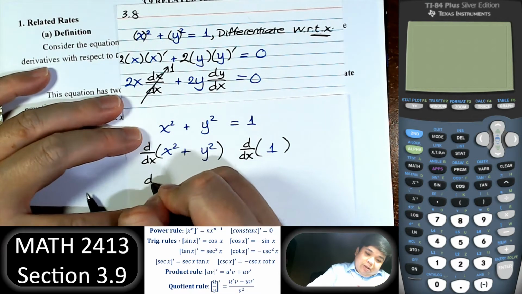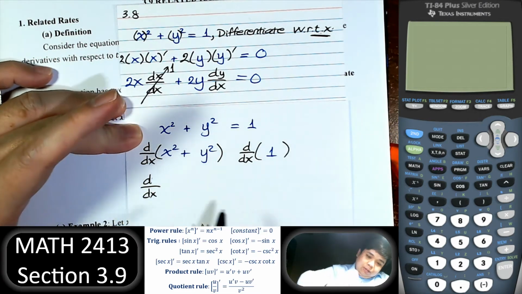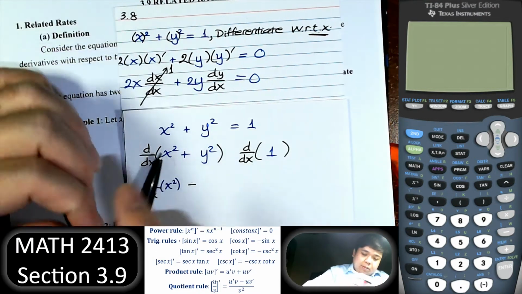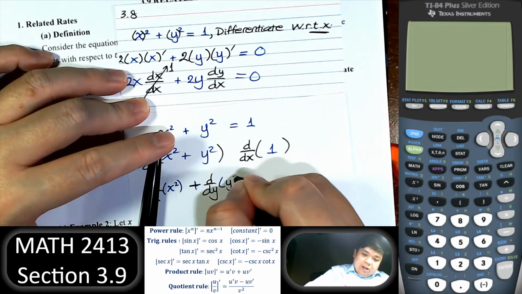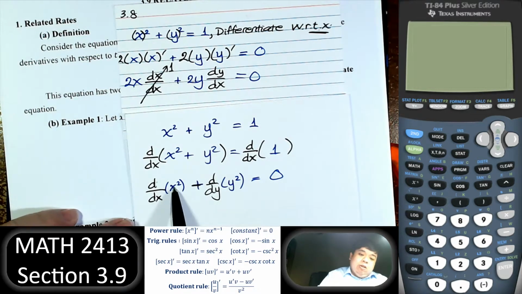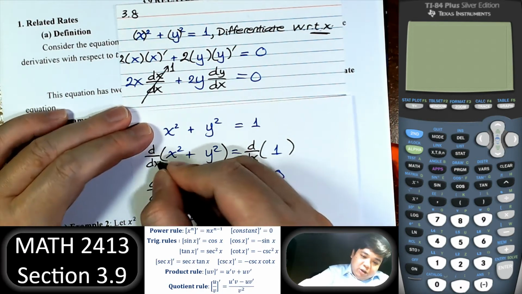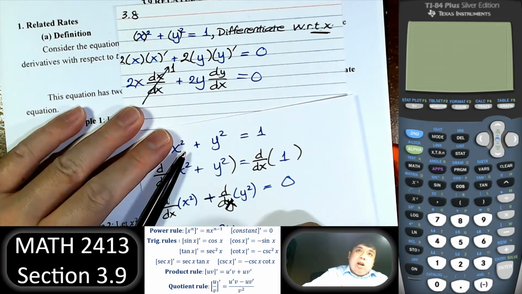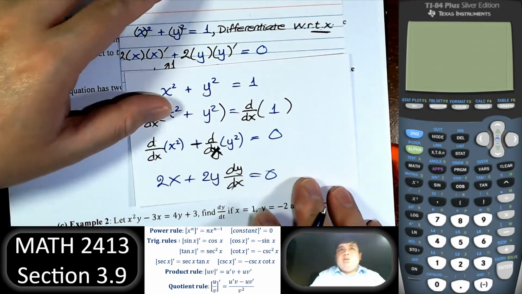So we have the derivative of x squared plus the derivative of y squared, and the right hand side is still constant. The derivative of x squared with respect to x is 2x. Then the derivative of y squared, also with respect to x, because both of them are with respect to x. Because the variables are different, we have to write this as 2y and then dy over dx equal to 0.